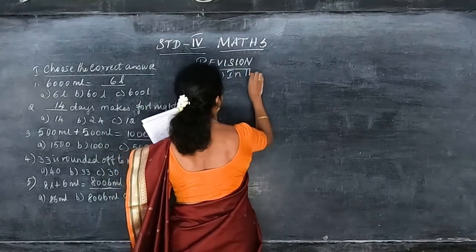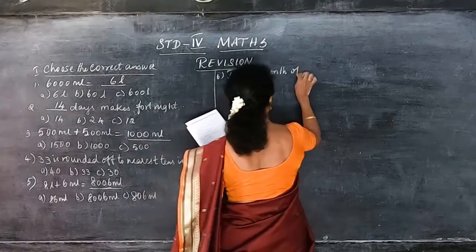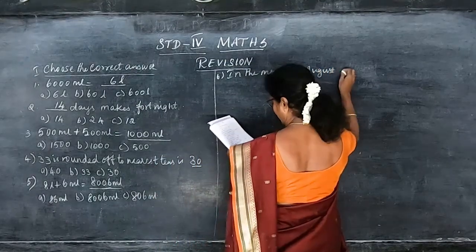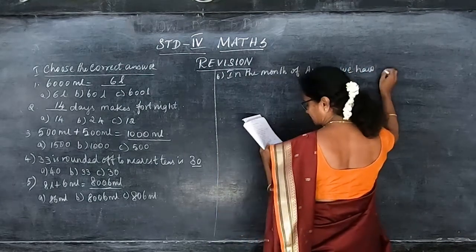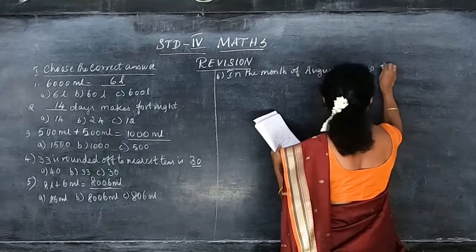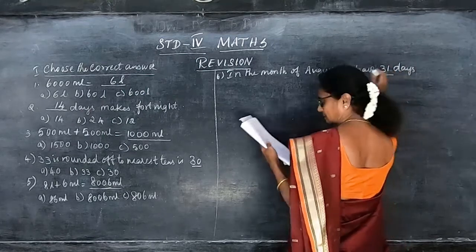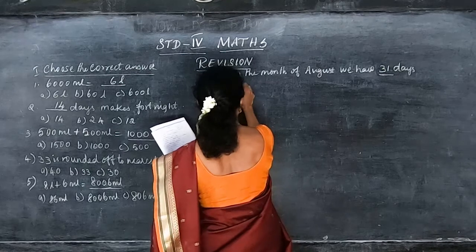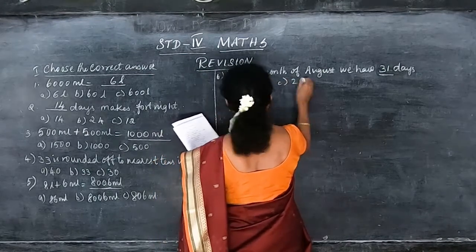The next one, in the month of August, how many days do we have? 31 days. Okay. So you have to write A is 30, B is 31 and C is 28.